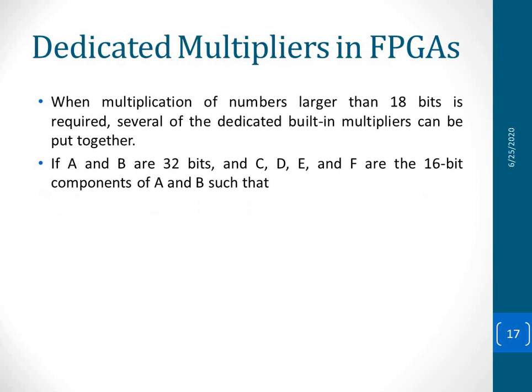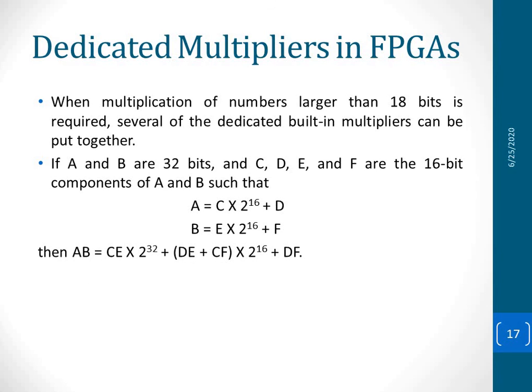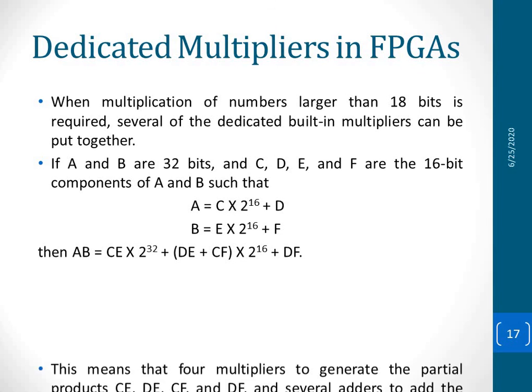When multiplication of numbers larger than 18 bits is required, several of the dedicated built-in multipliers can be put together. Suppose A and B are 32 bits and C, D, E and F are the 16-bit components of A and B, such that A equals C times 2^16 plus D, and B equals E times 2^16 plus F. Then A times B will be CE times 2^32 plus (DE plus CF) times 2^16 plus DF.